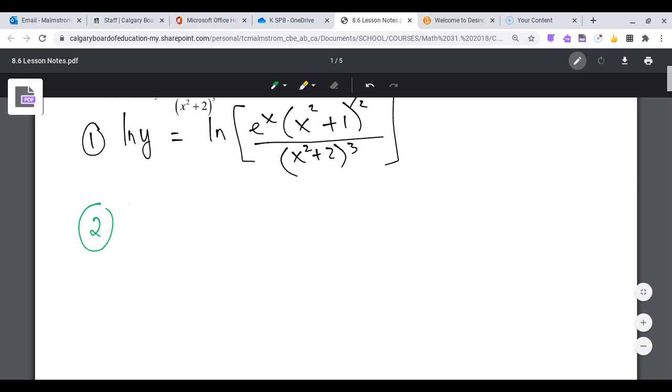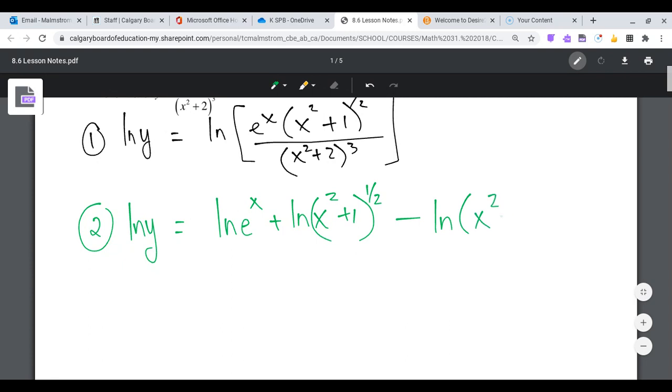Okay, so we have ln y is equal to ln e to the x plus ln, because we have a product there, x squared plus 1 to the half, and then we have a quotient, so subtract ln of x squared plus 2 cubed.